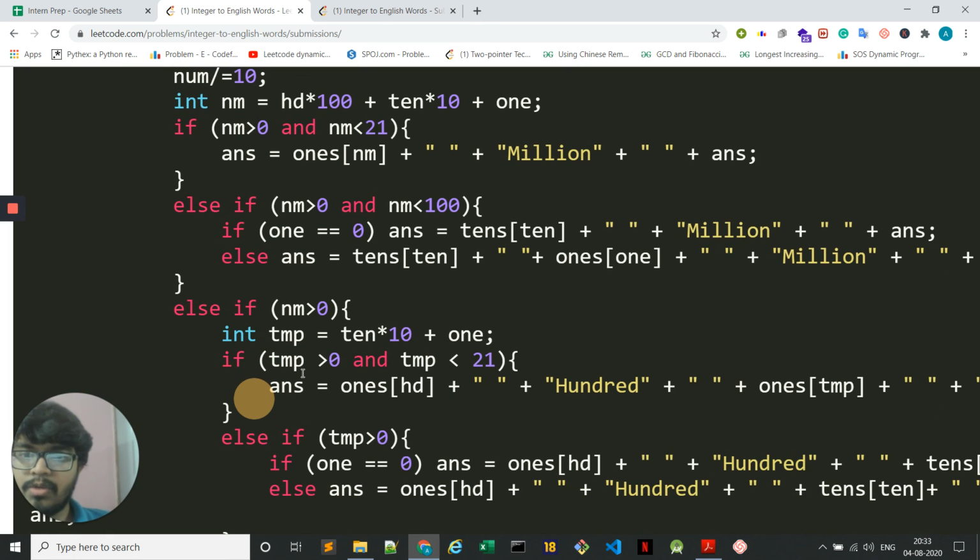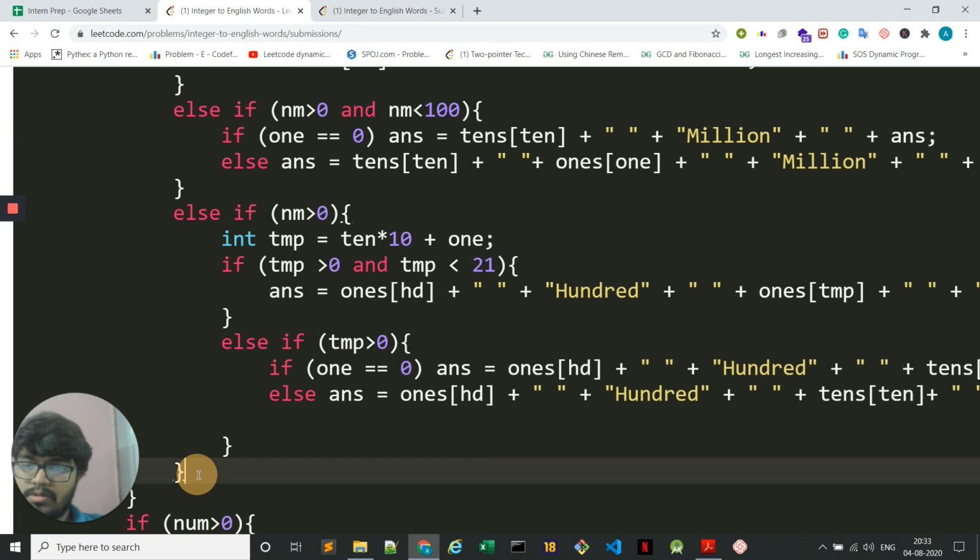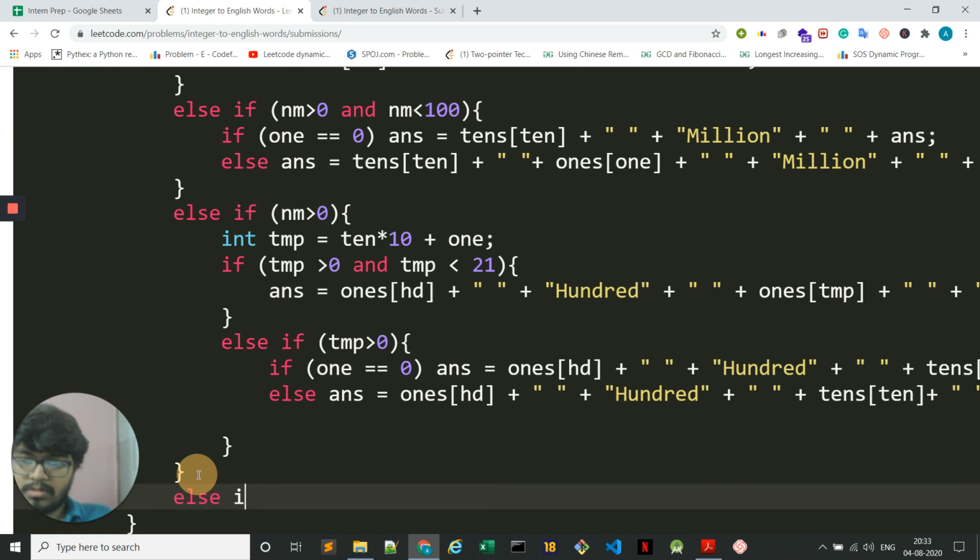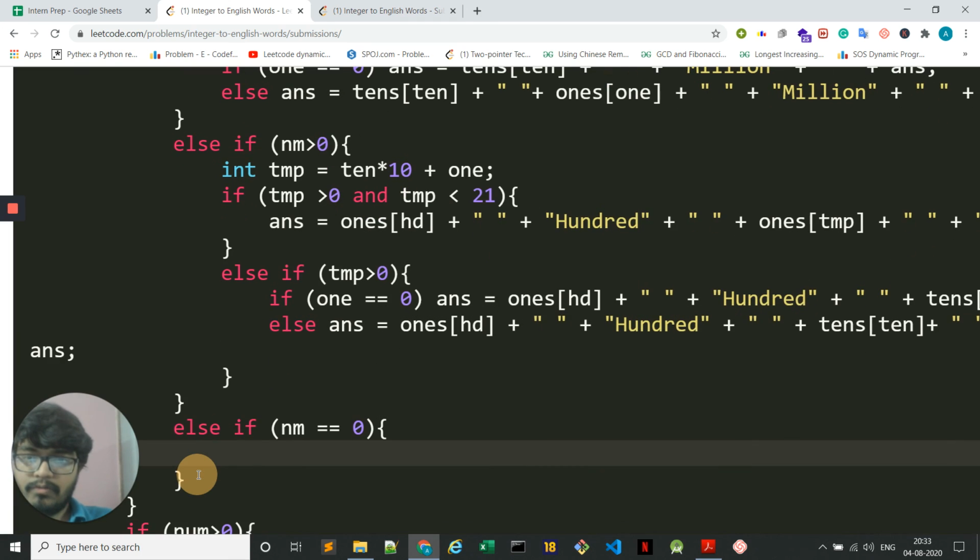the number which we are computing is non-zero, so else if nm is 0, then we should have answer is equal to the digit 100. So even this two, we cannot have a 1200 million, right? 1200.